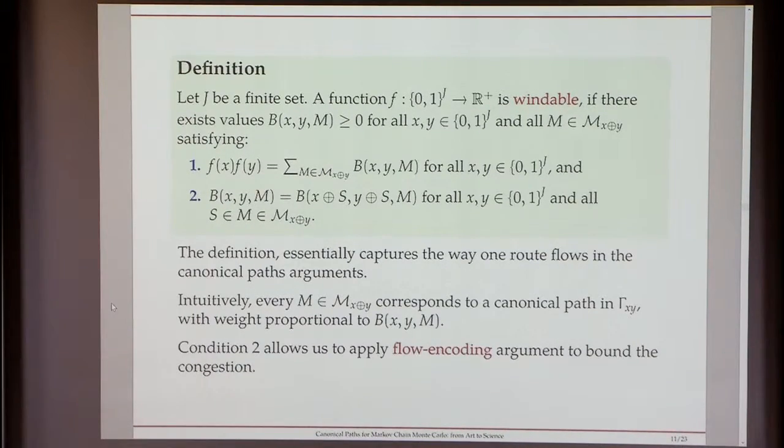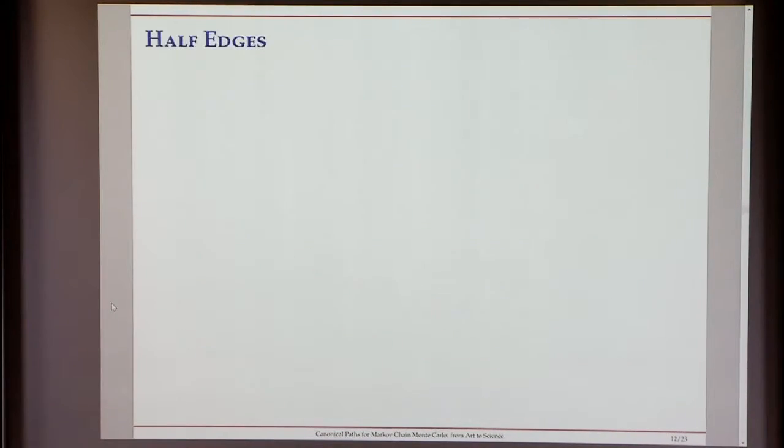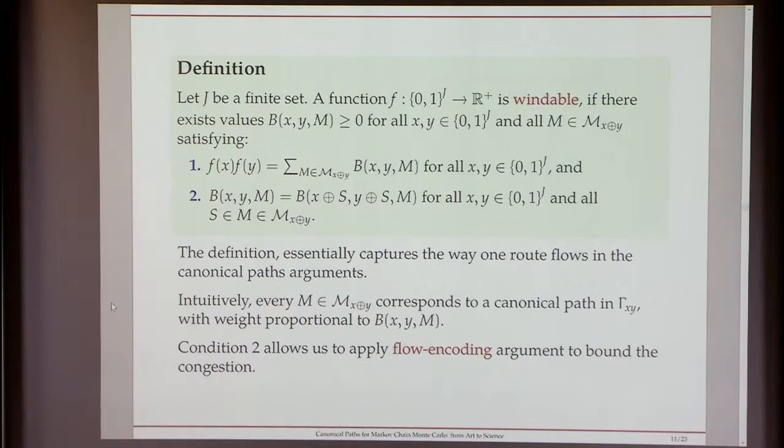So in this talk, I'm not going to talk about the details of the second part, but we are mainly focused on why we have a natural condition 1 here. So this is what we are going to do. And so now, given these conditions, we have a class of functions which we call windable, and then we start to design a Markov chain to sample from those windable functions.